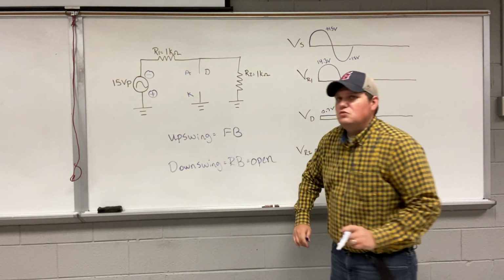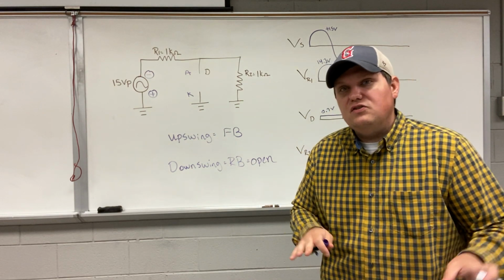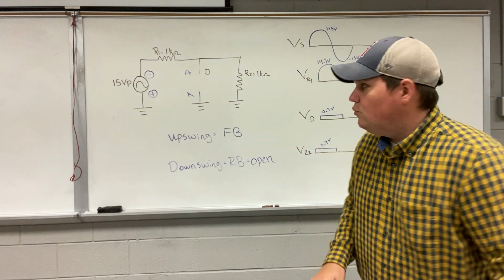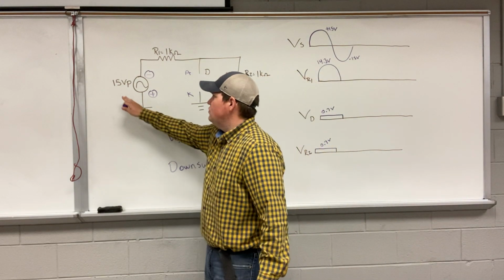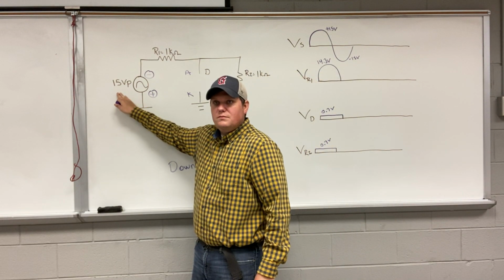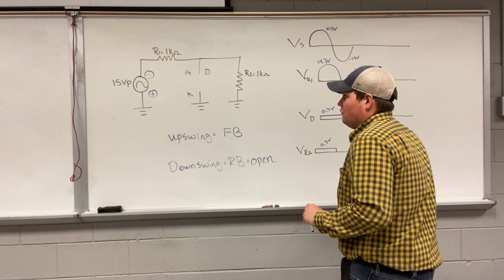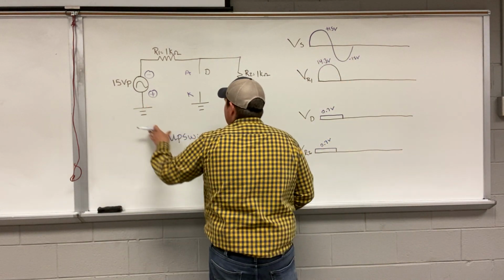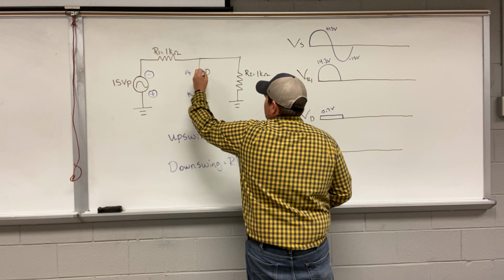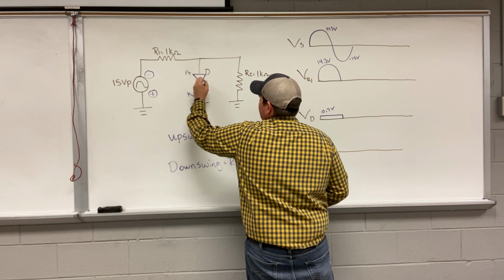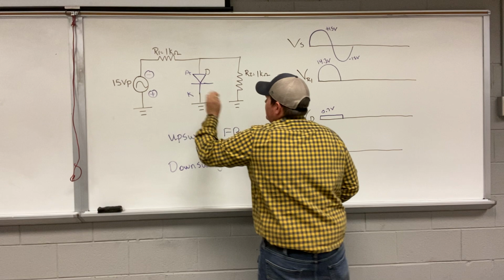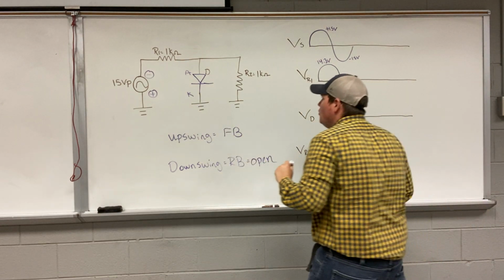On the downswing, since I have two resistors that are equal value, what's it going to do to this 15 volts? It's going to divide it, 7.5 and 7.5. I'm going to draw the diode back in there, but remember on the downswing, this is basically open.